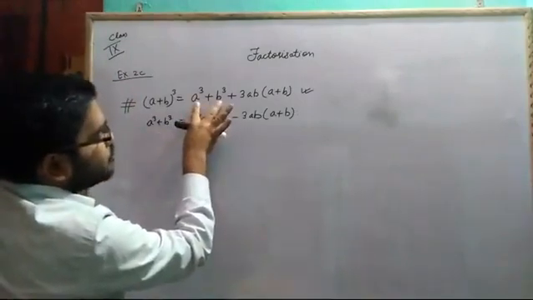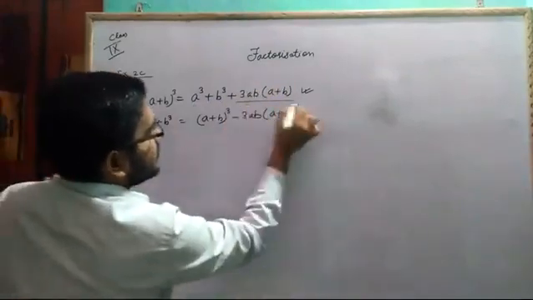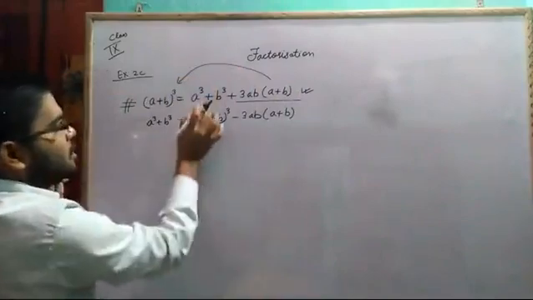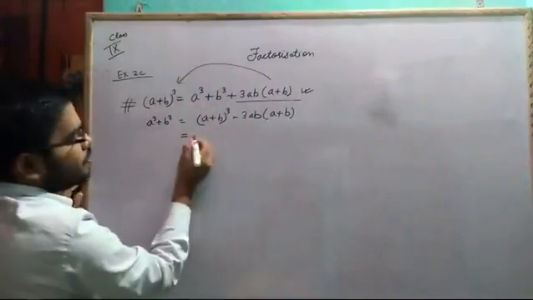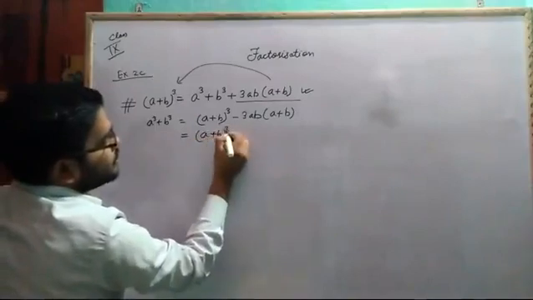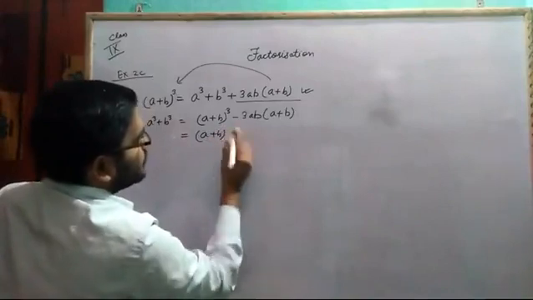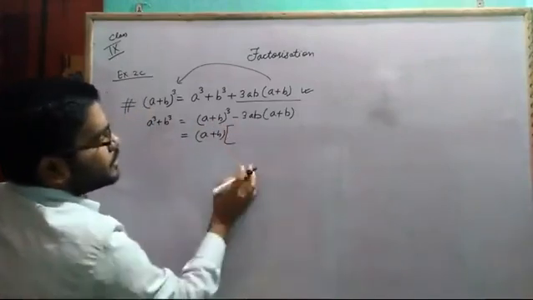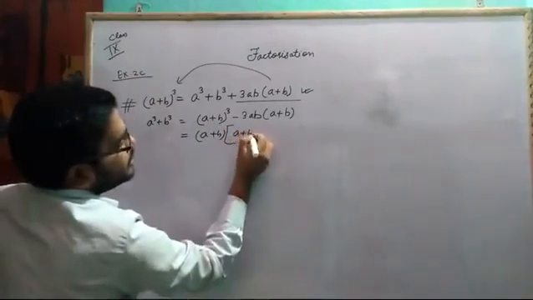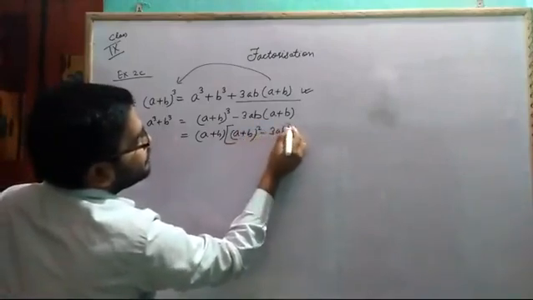a cube plus b cube, when we transfer this whole thing to this side, it will become negative. Now we will remember (a plus b) whole cube minus 3ab (a plus b), or we can take out common in this, a plus b is in both the places, so I can write (a plus b) into (a plus b) whole square minus 3ab.